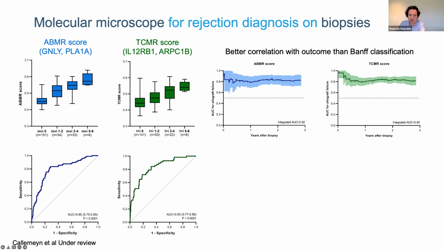What he also found is that these 4 genes not only enable us to discriminate between presence or absence of rejection, but also to see nice associations with the outcome after a given biopsy, with a ROC area under the curve of above 0.80, which was also stable over time post-transplantation.